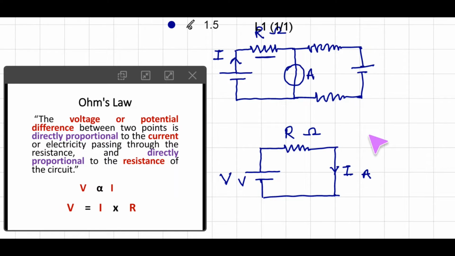So the relation is V is equal to I into R. This is basically Ohm's law.